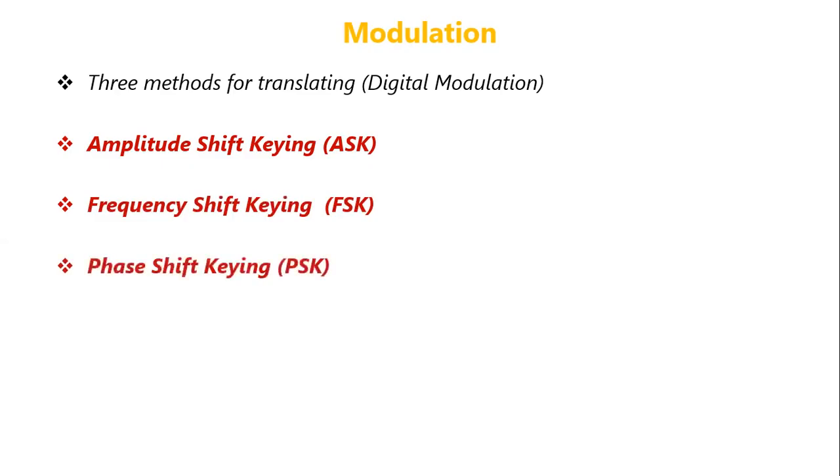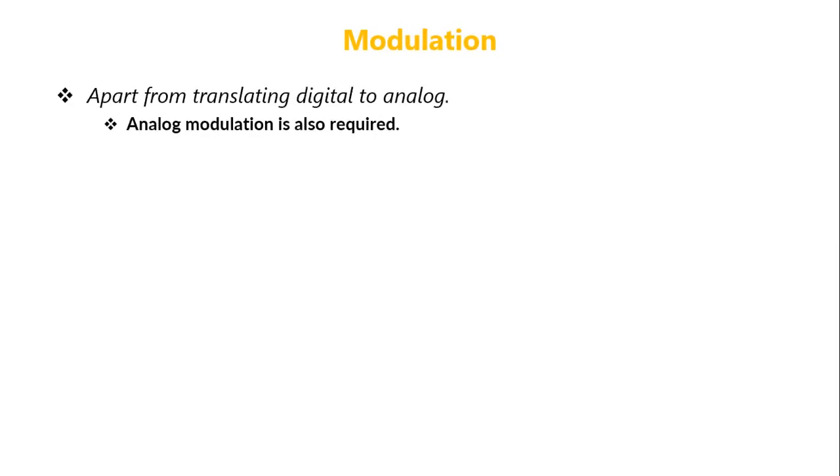But just converting a digital signal to an analog signal is not enough, because even after converting, this analog signal cannot be transmitted over a wireless medium. After that, we have to perform something called analog modulation.